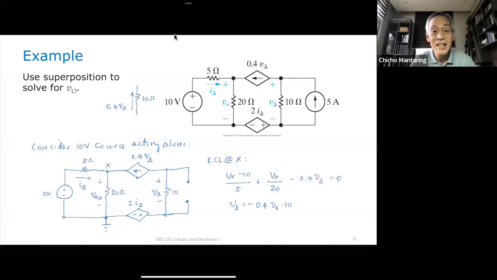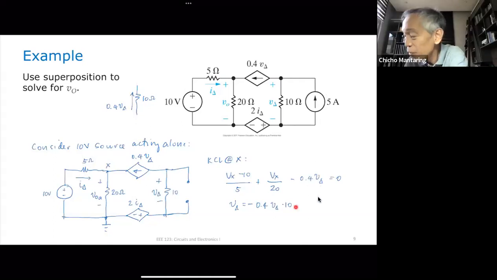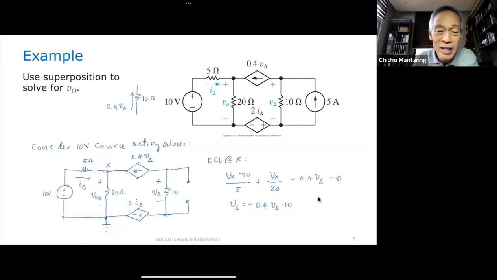Okay? From this equation, anong value ng V delta? Anyone? Take a look at this equation. Ano magiging value ng V delta? Yes, Alberto. Oh, wait, from that equation, sir? Yeah, from this equation, you can solve for V delta. What will it be?